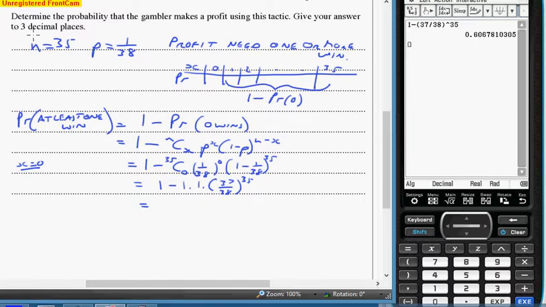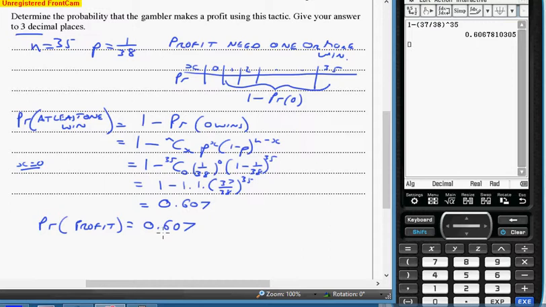Up here it says to three decimal places, so that comes to 0.607 to 3 decimal places, because the fourth decimal place is a 7. So the probability of profit equals 0.607.